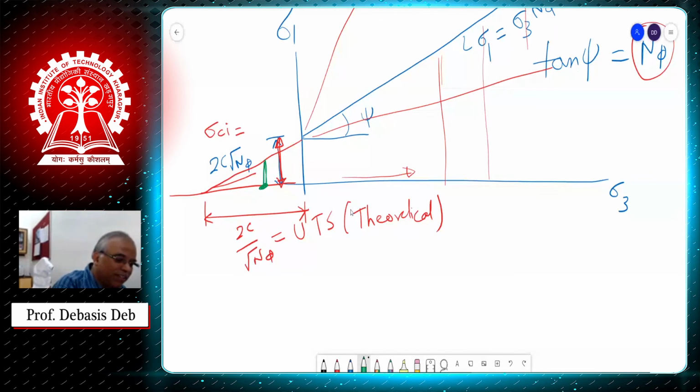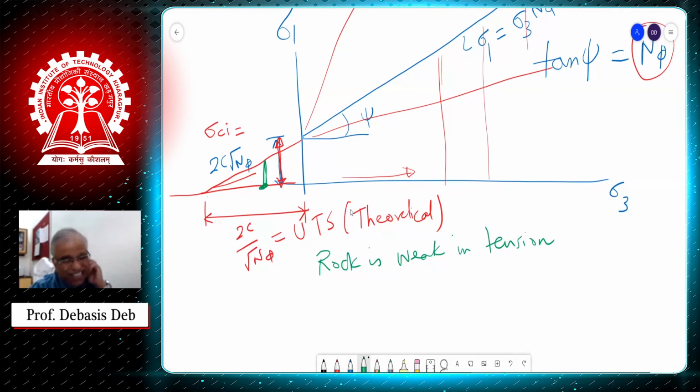Rock is very weak in tension. You know that rock is weak in tension. You can break a chalk very easily by tensile force, and it will be very difficult to break it axially by giving a compressive load.